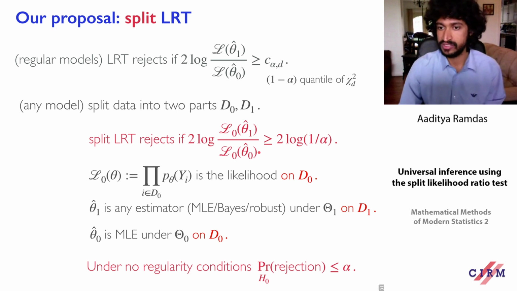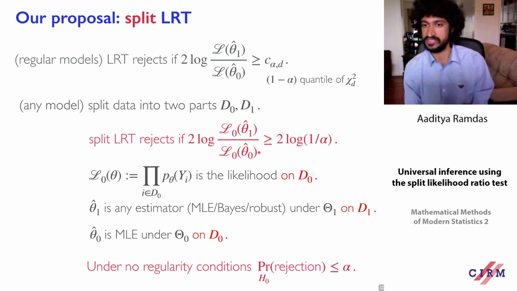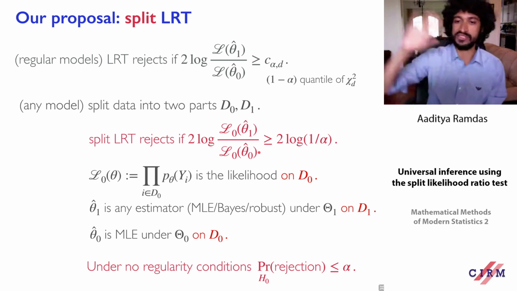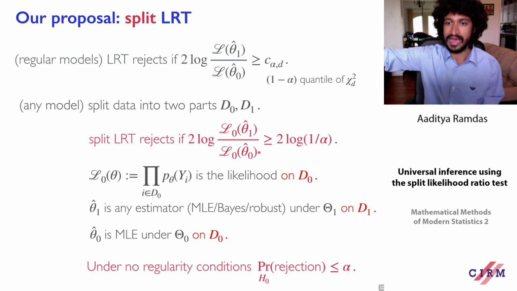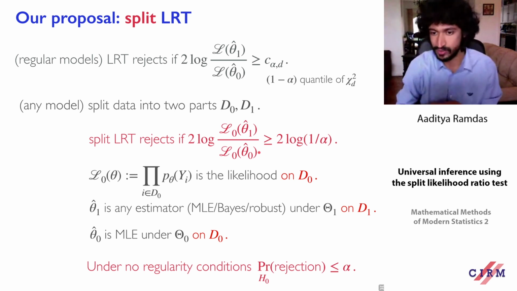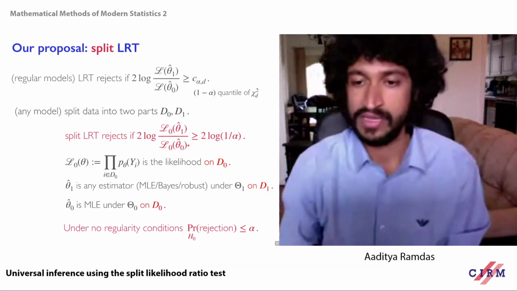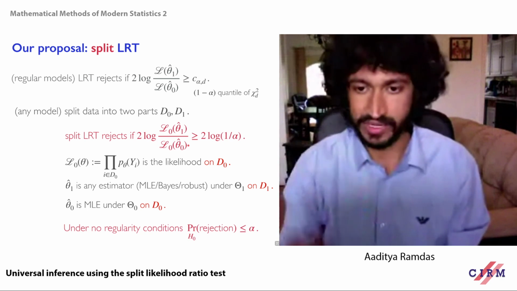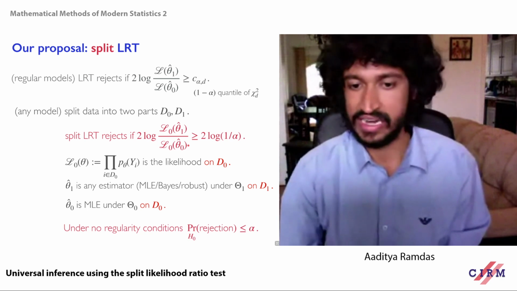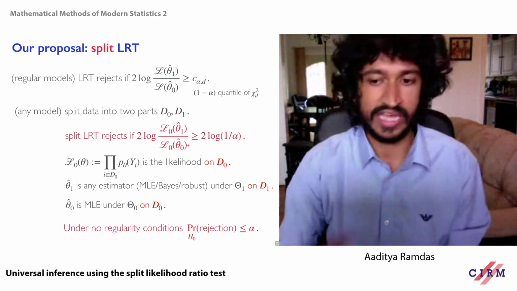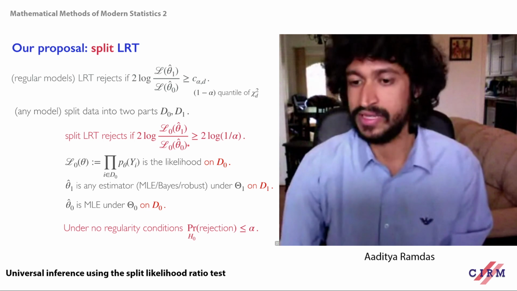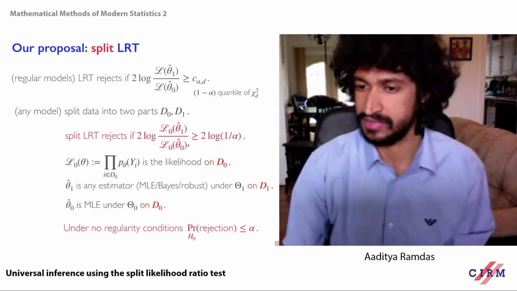Okay, so when we go back to this expression over here, the likelihood is evaluated on D0, but we use theta hat 1, which is calculated on D1, and theta hat 0, which is calculated on D0 itself. So it's a slightly odd test, but that's what it is. But amazingly enough, under no regularity conditions and no asymptotics, the probability that under the null we falsely reject is at most alpha.